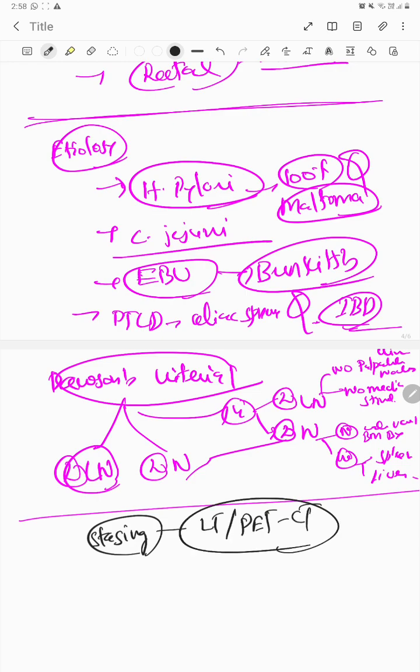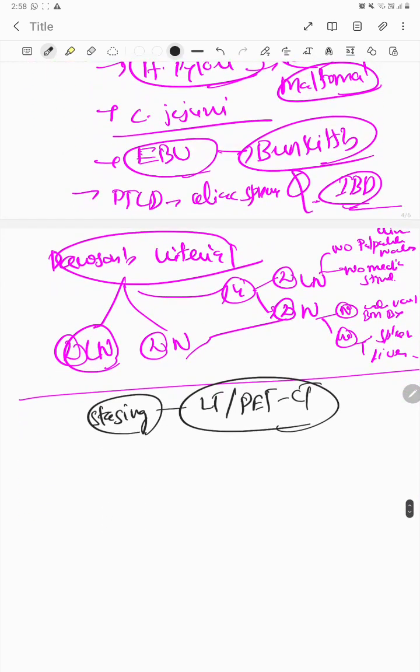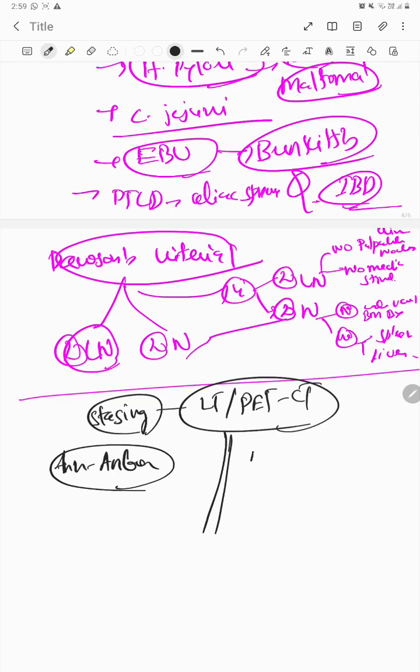If lymph nodes are there, then biopsy has to be done to rule out other causes. The staging used classically is Ann Arbor staging, and you must remember one more name in staging, that is Lugano GI lymphoma staging. Very important. You remember this name, and there will be a separate video or shorts for this Lugano staging of GI lymphomas.